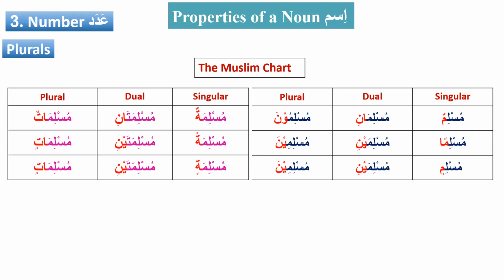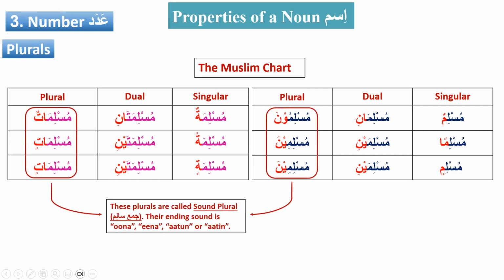The last column of each chart, the plural column. What kind of plural are they? They're sound plurals, jama salim. Why? Because they end with una and ina sound, and also atun and atin. Yes, thank you, Shifa. So these plurals, which are part of the Muslim charts, are sound plurals because they end with una, ina for masculine, and for feminine, they end with atun or atin.